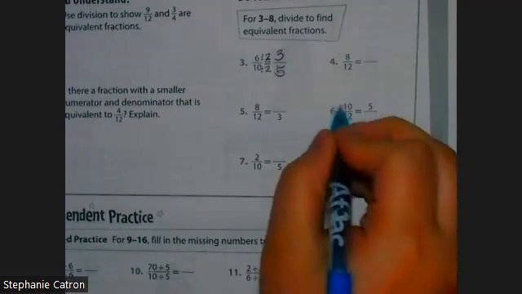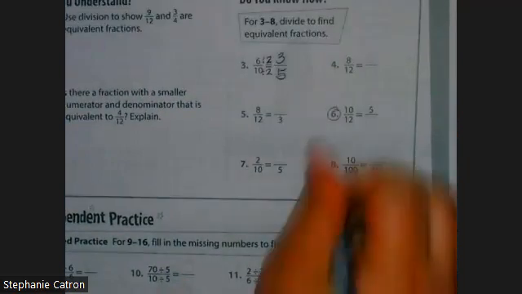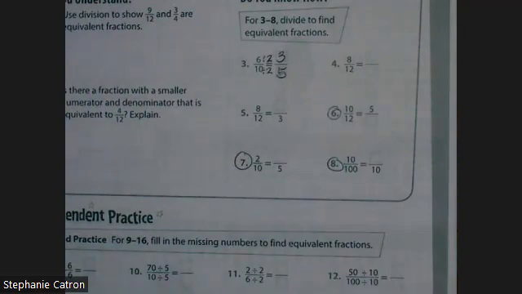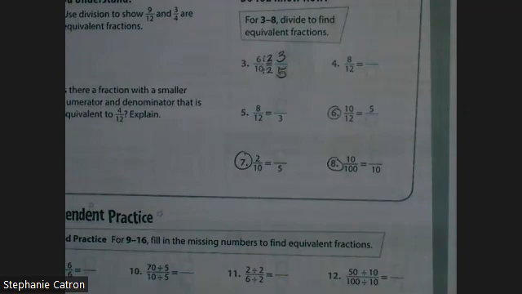Let's look at number 6, number 8, and number 7. 10/12 equals 5, huh? So they've given me a clue here. They're helping me out. So I know 10 to 5. How much would I divide by?